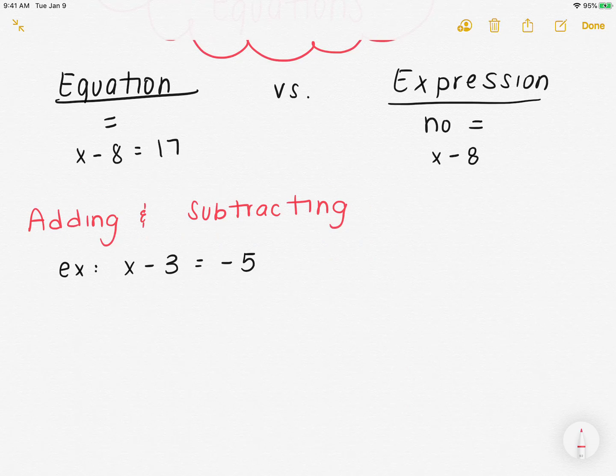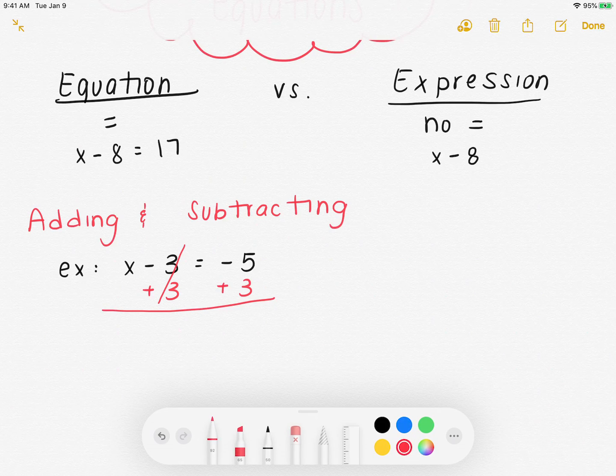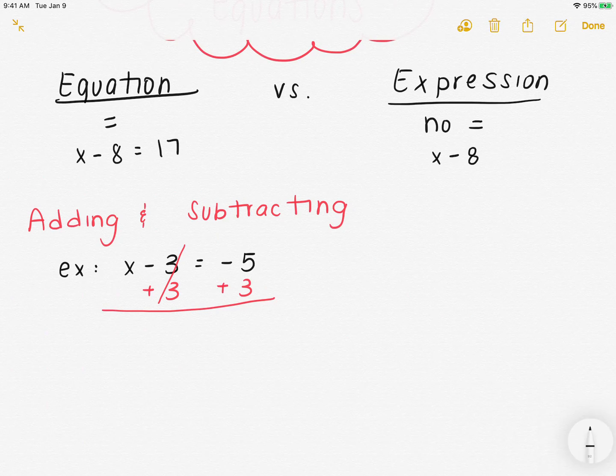I've got to get rid of that minus 3, so I'm going to do the opposite. I'm going to add 3. When I add 3 on this side, I've got to add 3 on the other side. My 3's cancel. The big fancy word for that is inverse operations. And when I do that, I get x equals negative 5 plus 3, which is negative 2.